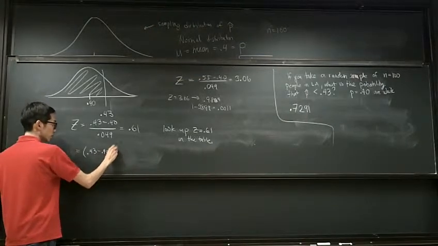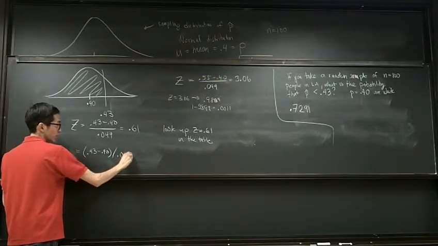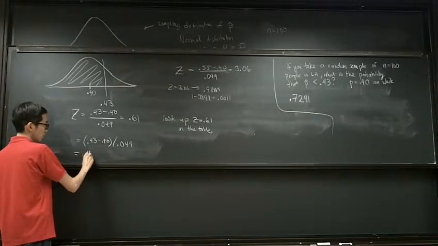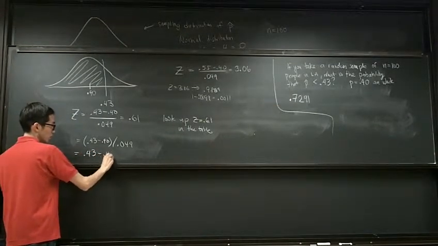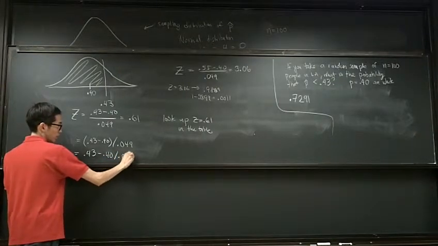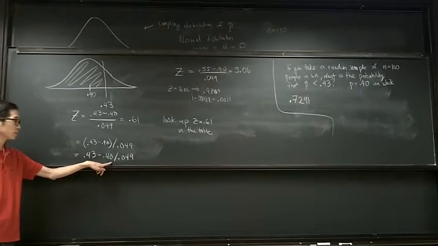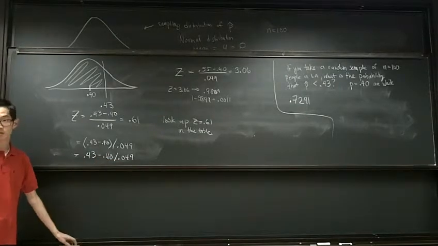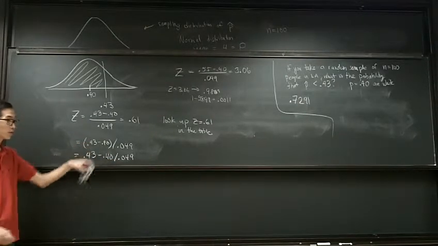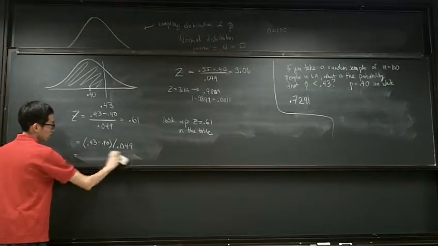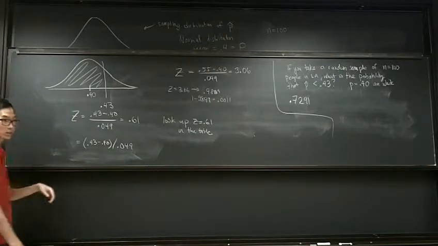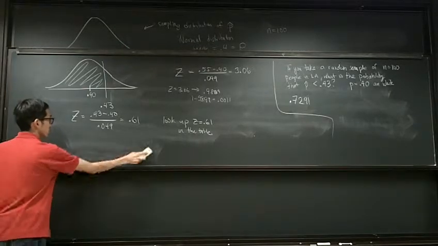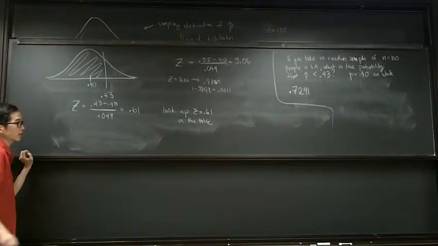Why do we have to do this? Because of order of operations. What you did was this, and it doesn't work because it's going to do the division before the subtraction. So here you've got to force the subtraction first, and then allow the division through the parentheses. So that's order of operations.